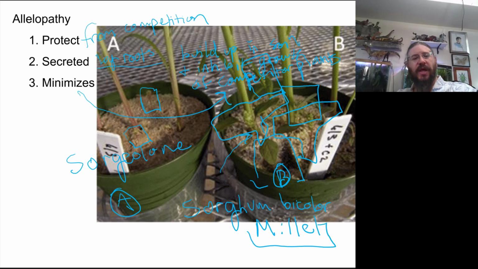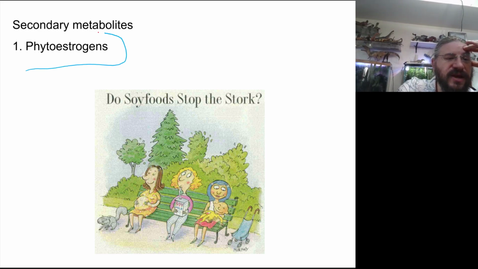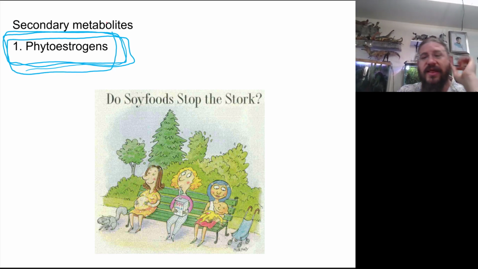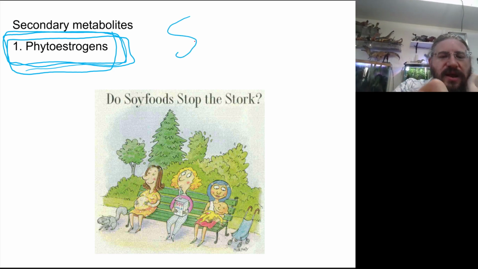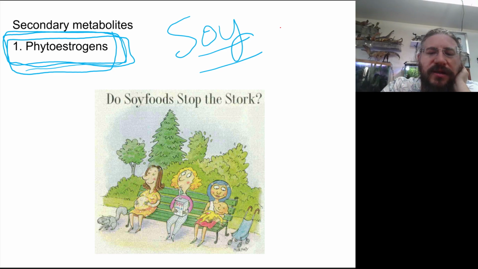All right. So, that's allelopathy. Another secondary metabolite that's been in the news lately is phytoestrogens. And this is another one I just went down a rabbit hole correcting because, fascinatingly enough, phytoestrogens, especially talking about soy here, are a chemical in plants that have a similar chemical structure to estrogen.